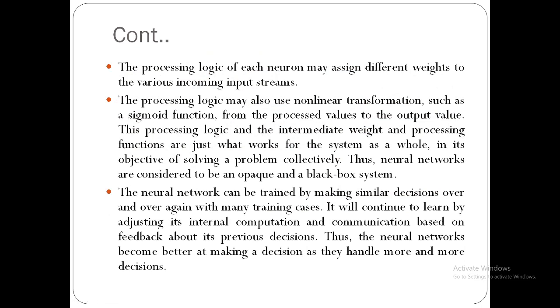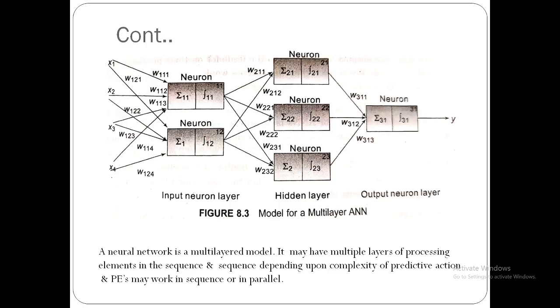The processing logic of each neuron may assign different weights to the various incoming input streams. Here, for each input stream, we are going to assign weights. The weights are a non-linear function.